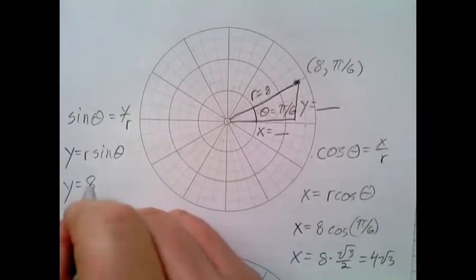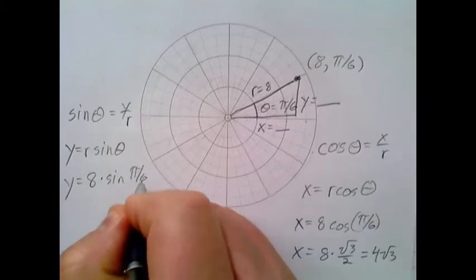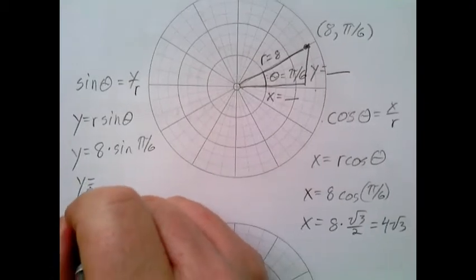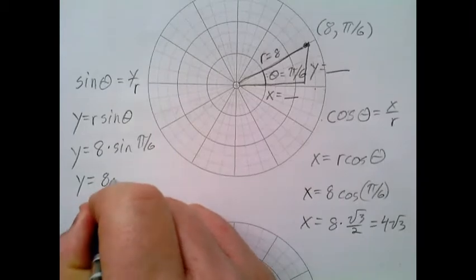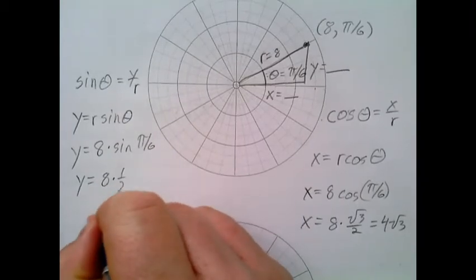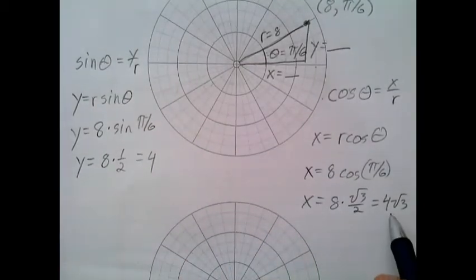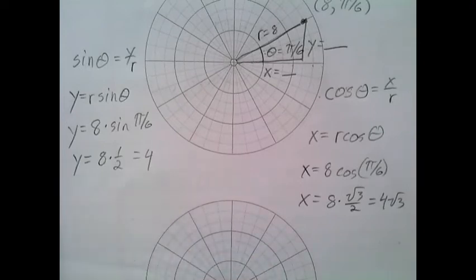So again, y would be 8 times the sine of pi over 6. The sine of pi over 6 is 1/2. And again, if you don't have this stuff committed to memory, no big deal, use your calculator. I think as you start using these again, you'll naturally rememorize them. Alright, so my x coordinate is 4 square root of 3. My y coordinate is 4.